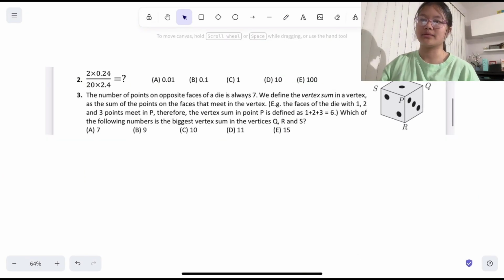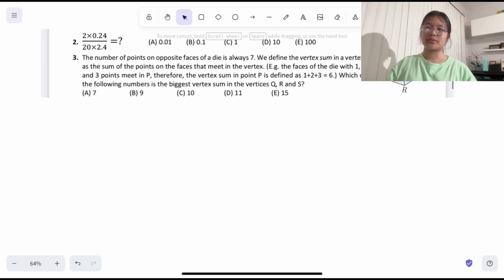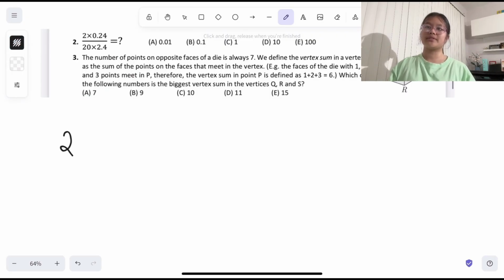These are one of the easiest ones because it's only multiplying and dividing. Let's pull out the writing color. Okay, so number 2. What we're solving for is 2 times 0.24 divided by 20 times 2.4.